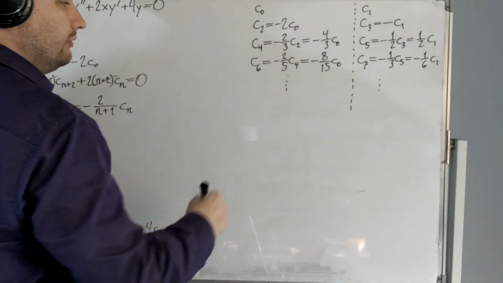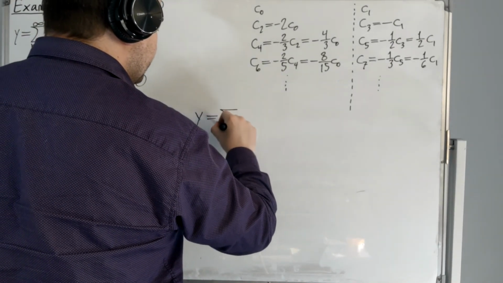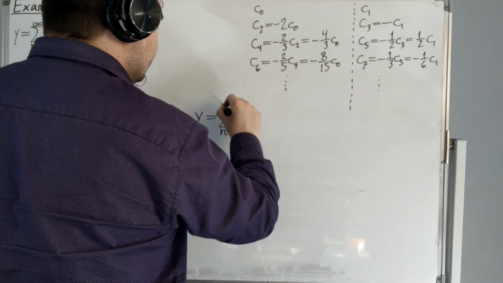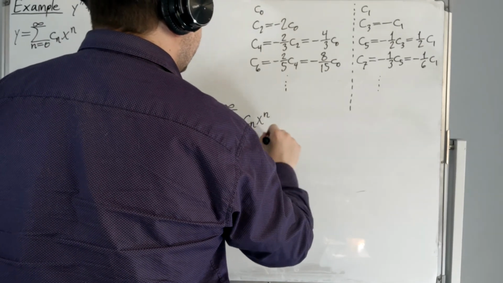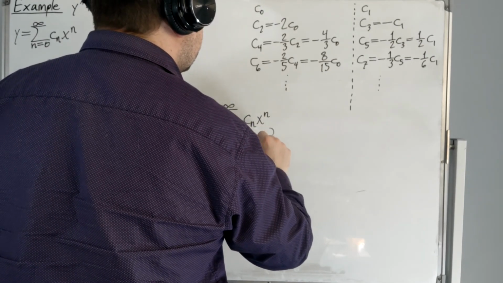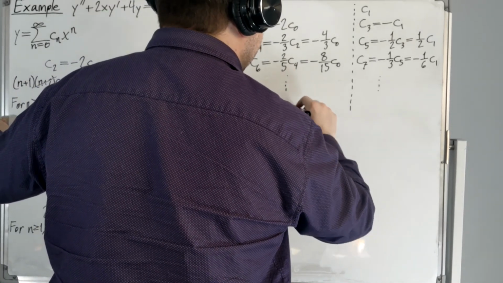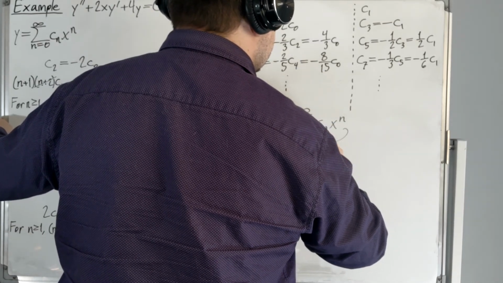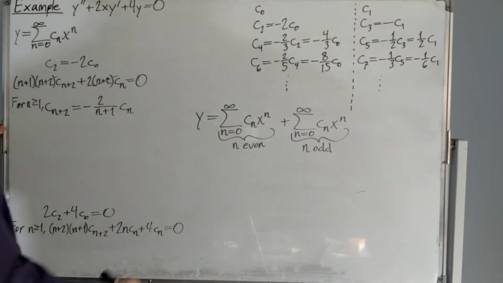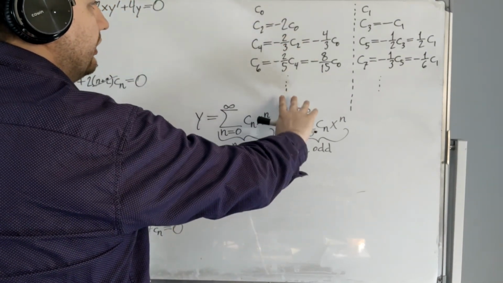So for this problem, I'm going to write the answer in a slightly different notation. You see, we can write this as the sum from n equals 0 to infinity of Cn x to the n, for n being even, plus the sum from n equals 0 to infinity of Cn x to the n, for n being odd. When n is even, we're looking at this left column.